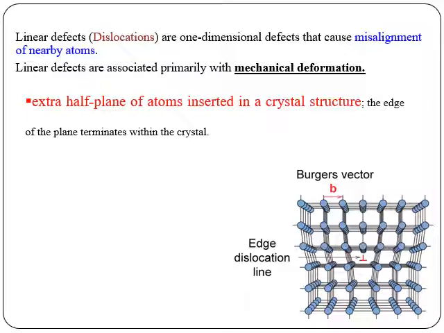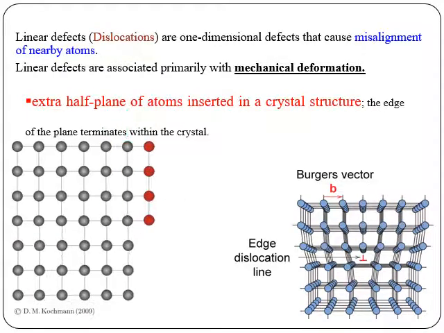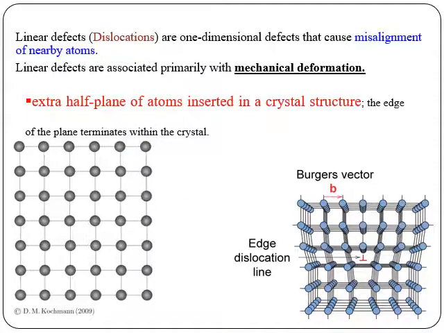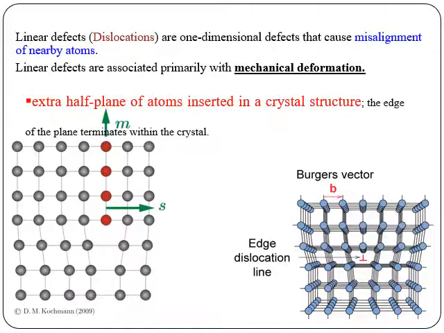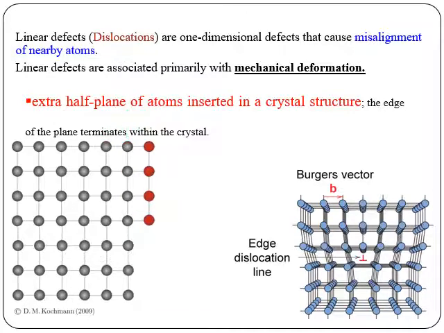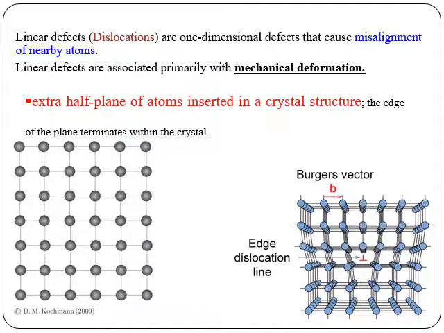To find the magnitude and direction of a dislocation, we use a Burgers vector, which gives the magnitude and direction. We can see it here also. The inserted plane will move with the shear force.